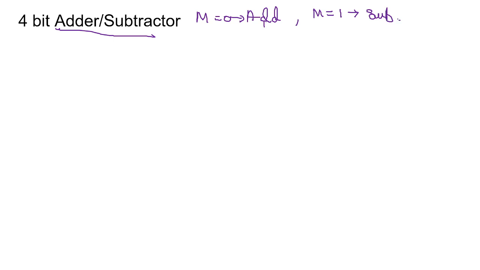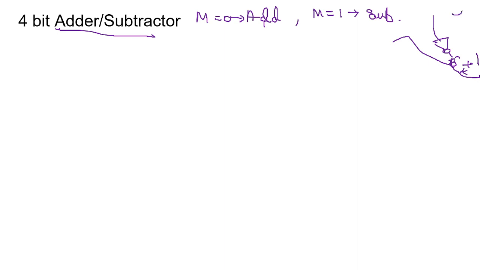So for addition and subtraction, the difference is the 2's complement of the negative number, so we have to take the NOT of the input, say this is the negative number, and add 1. This operation we have to perform.